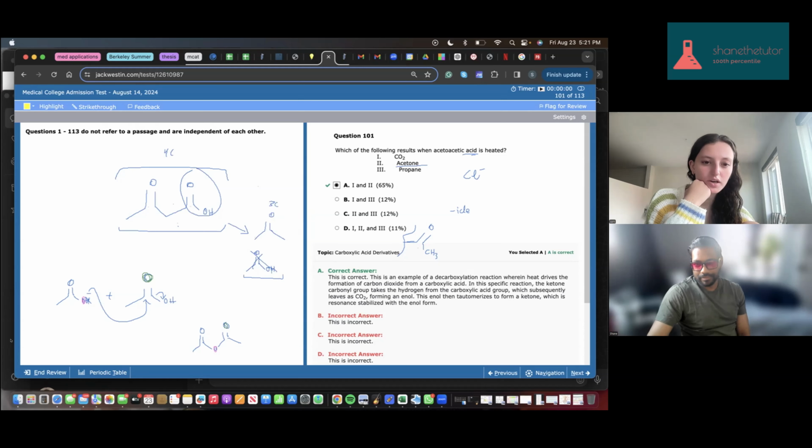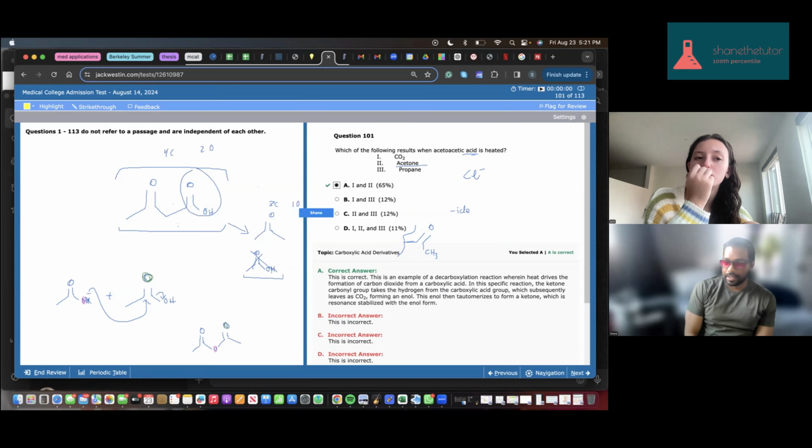And then we have 3 oxygens in acetoacetic acid and 1 oxygen in acetone.